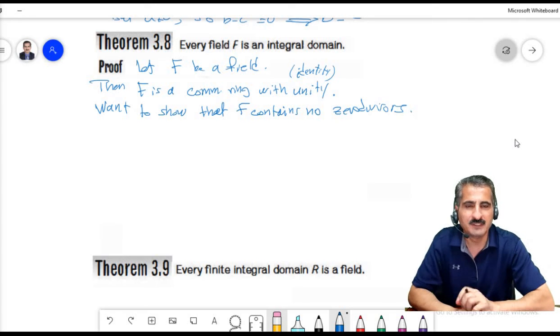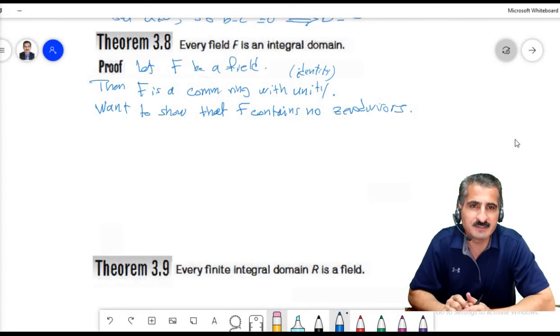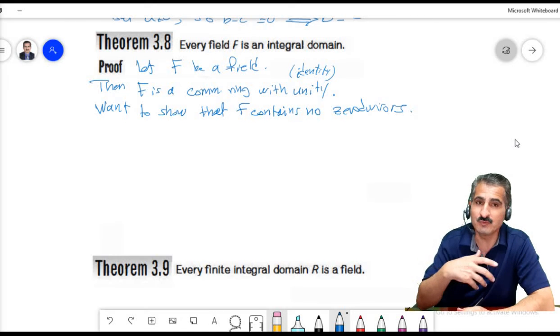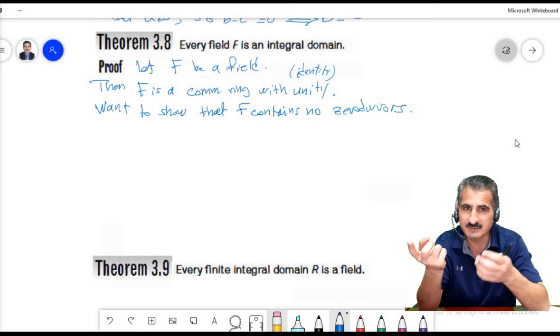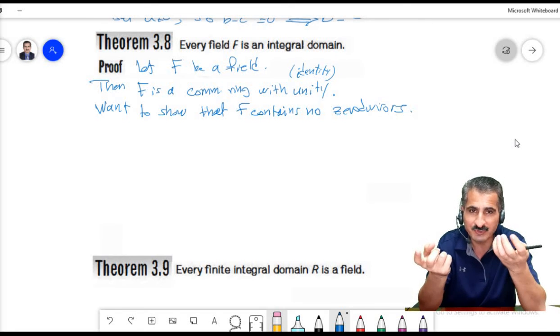Okay, in general, if you want to show that some element is not a zero divisor, what do you do? You assume that there is another element which is not zero. So let's say we have an element A, and we want to show it is not a zero divisor.